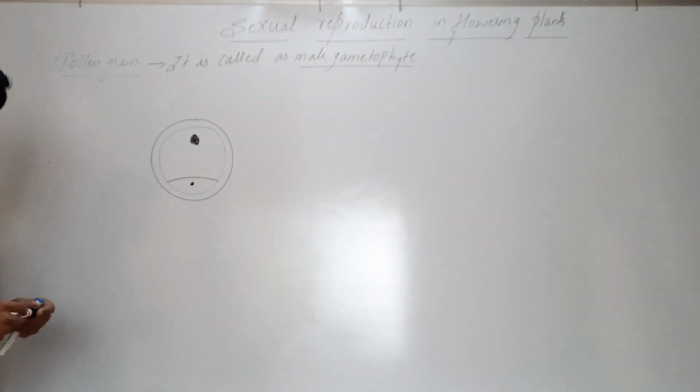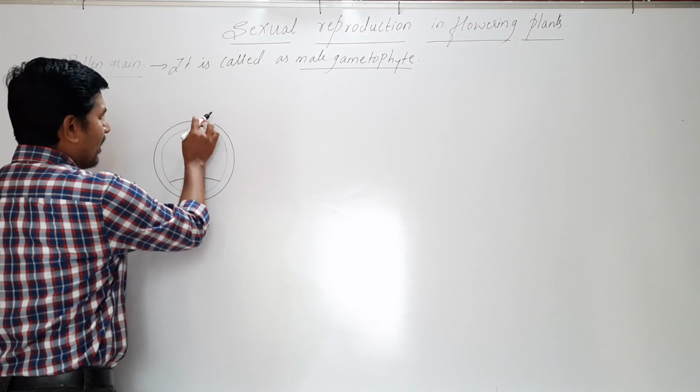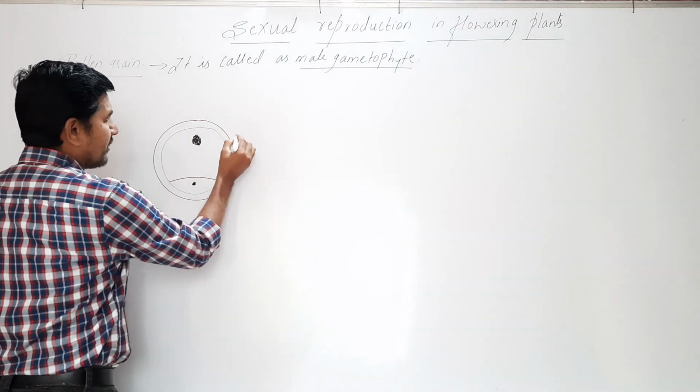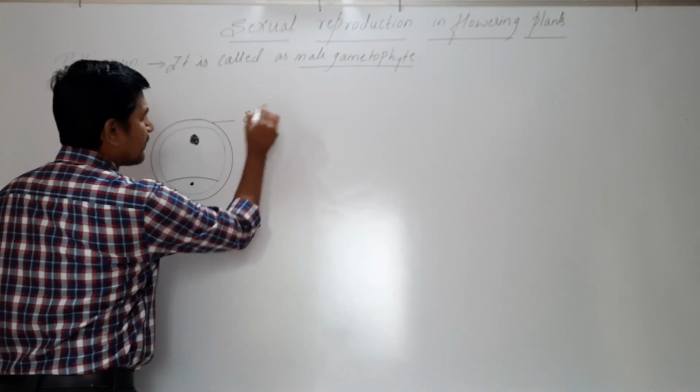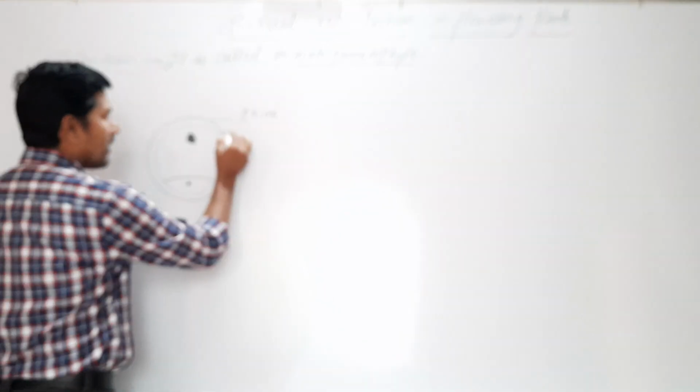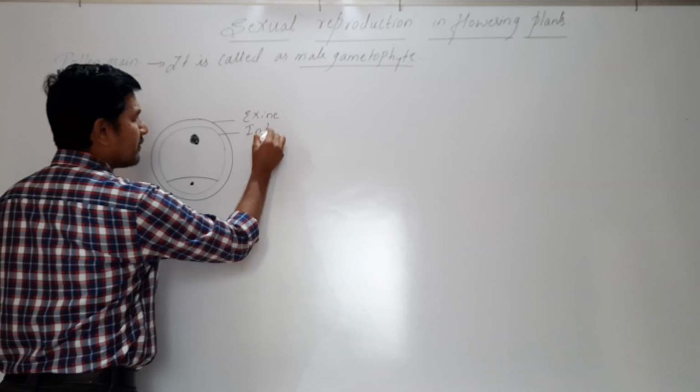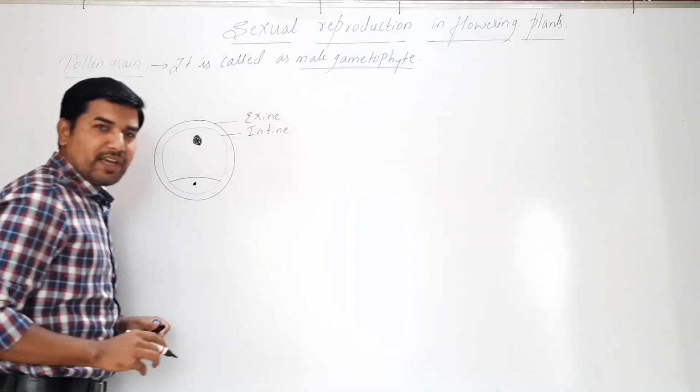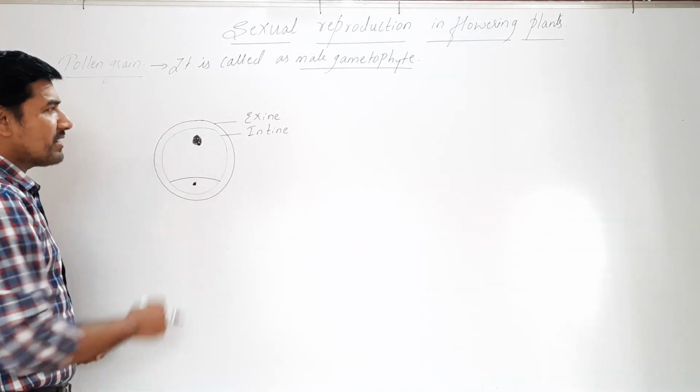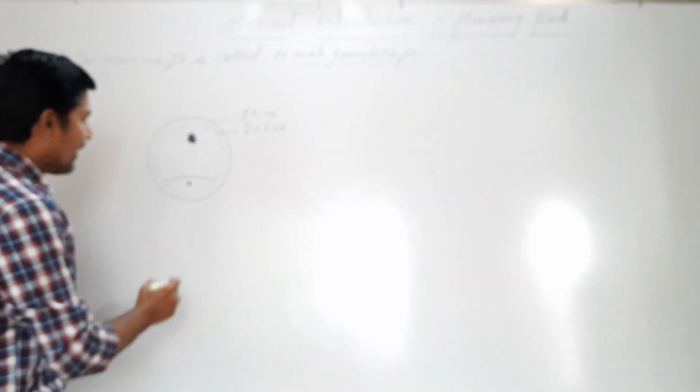The outer layer of the pollen grain is called the exine, and the inner layer is called the intine. So there are two layers in the pollen grain.